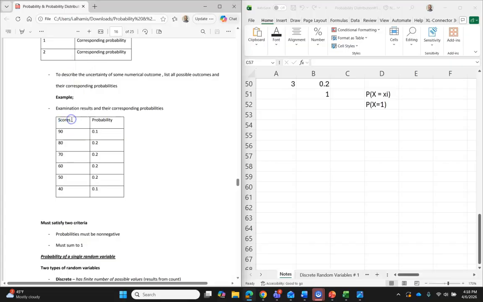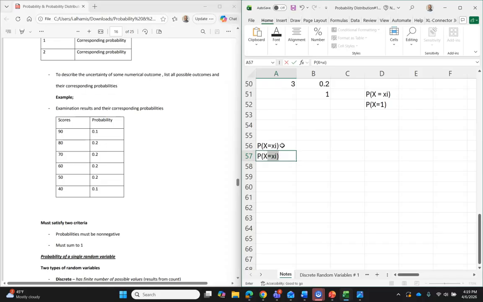Assume that the scores are x, and so xi's are 98, 76, 50, and 40. So let me start here with a single probability. Probability of x such that x equals xi. Now I'm going to go with a number of examples.